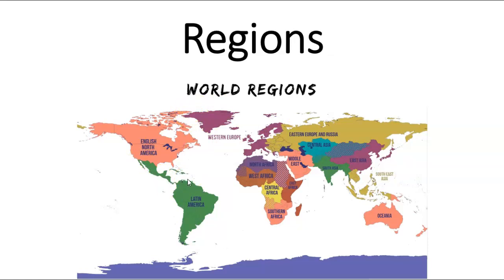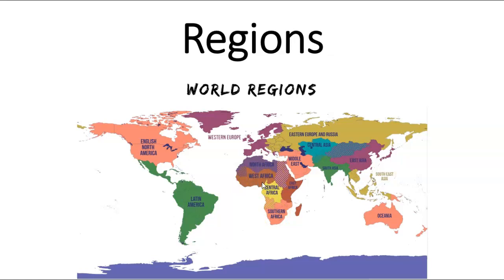We can even refer to Western Europe and Eastern Europe, which would include Russia. You might see Central Asia, South Asia, East Asia, Southeast Asia. We can see the Middle East, North Africa, West Africa. Sometimes we refer to these regions as just North Africa, and then Sub-Saharan Africa, which would be south of the Sahara. So just some examples.